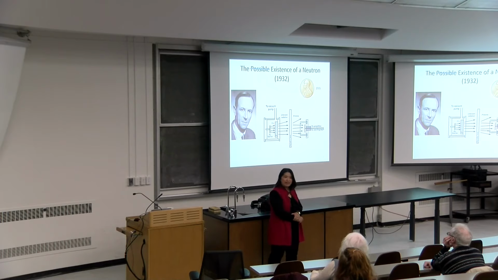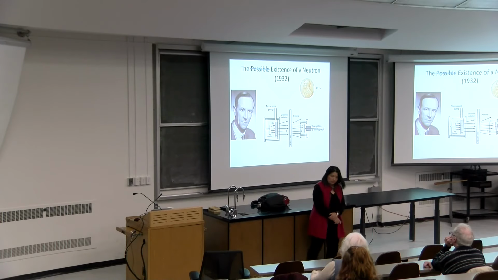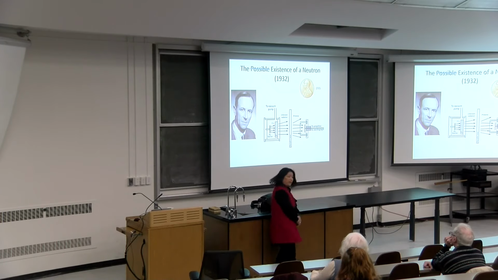It turns out that this converts the unknown radiation into protons, which then ionize inside the ionization chamber and give you a signal. They were trying to use this reaction to deduce what this unknown radiation is.